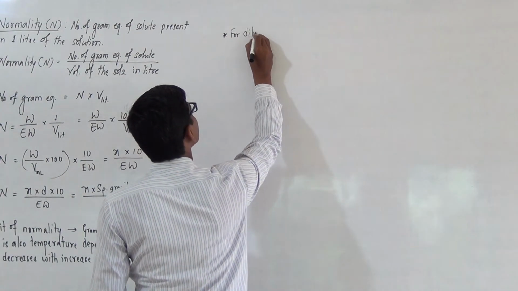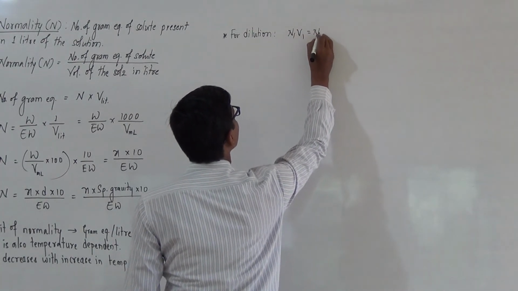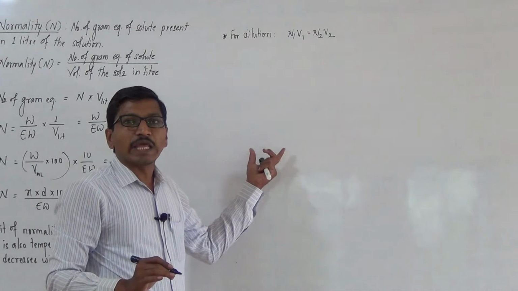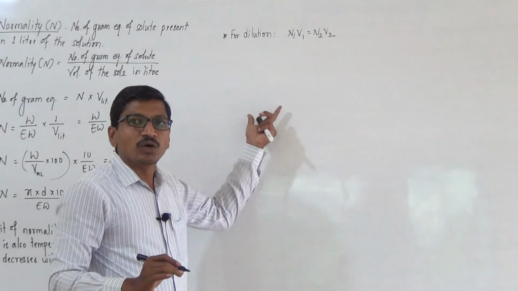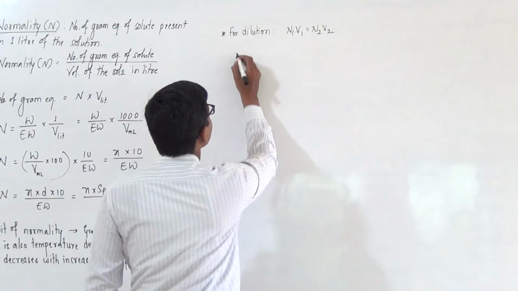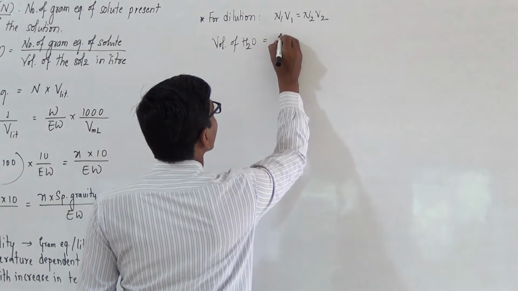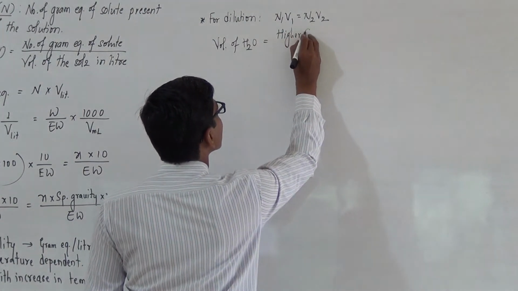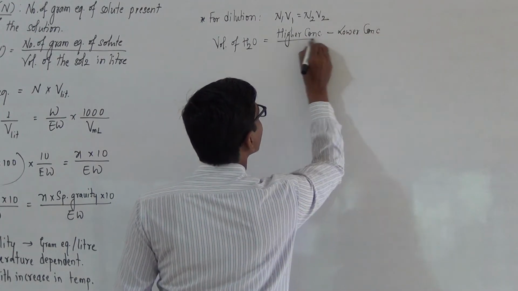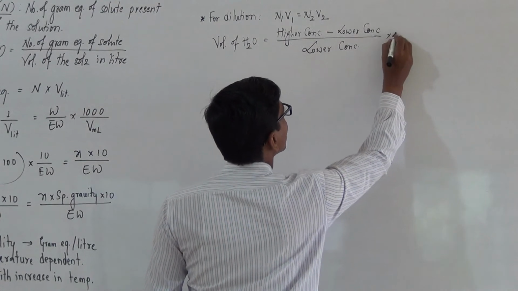For dilution, normality is calculated by using the formula N1 V1 is equal to N2 V2, and the volume of water required for diluting the volume of solution V and concentration N1 to N2 is: volume of water is equal to higher concentration minus lower concentration divided by lower concentration into V.